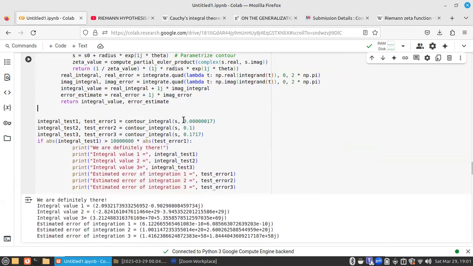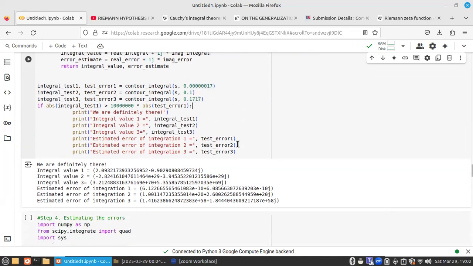So we've got this integral with respect to the border of the disk neighborhood of the given point, of the radius 0.1 and 0.1717.